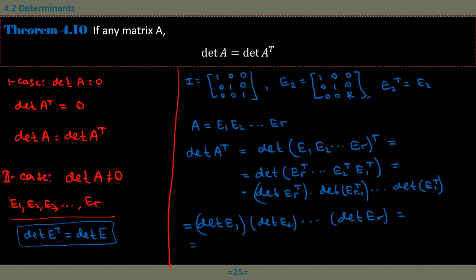Now using the fact that the determinant of AB equals the determinant of A times the determinant of B, I can write it as the determinant of E1 times E2 times ... times ER, which is equal to the determinant of A. And the proof is complete.